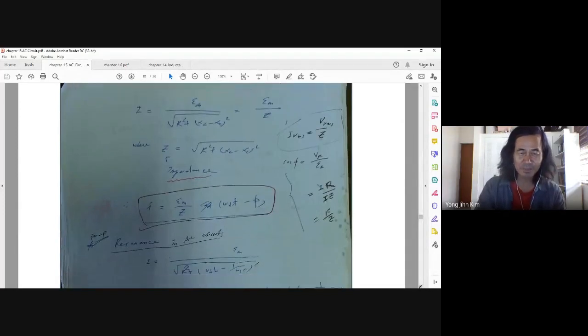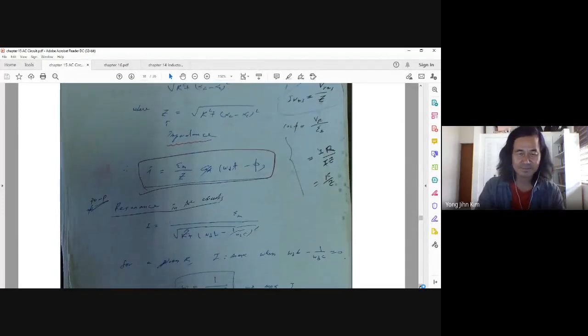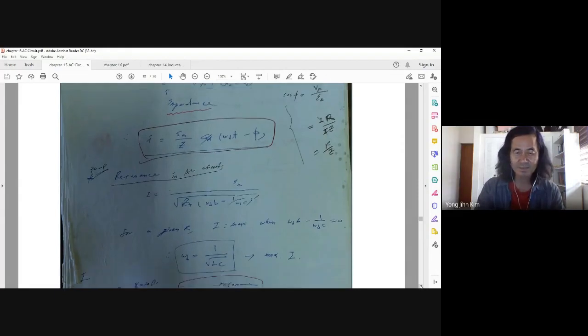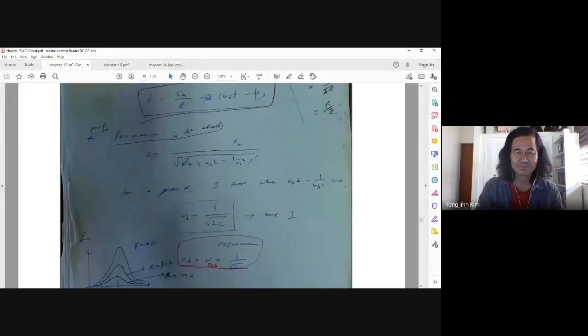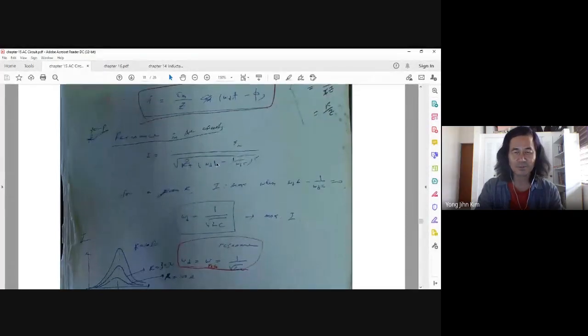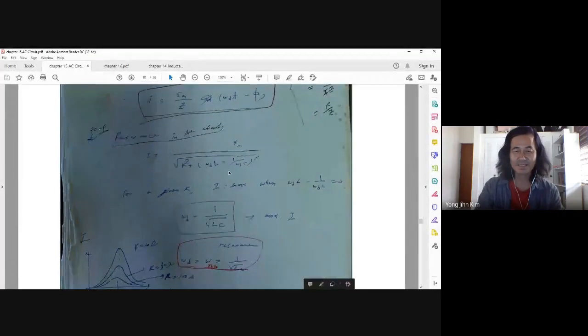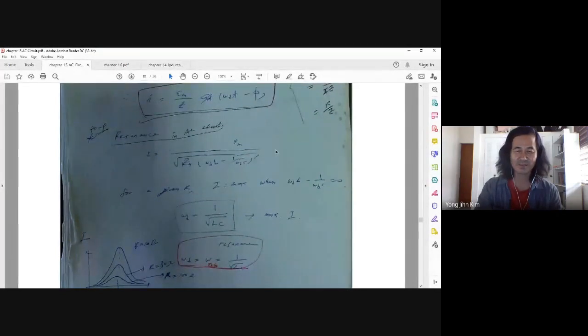Okay, let me talk about resonance. If you look at the current amplitude, epsilon m over square root of R squared plus (omega L minus 1 over omega C) squared. Here the second term is the driving term.